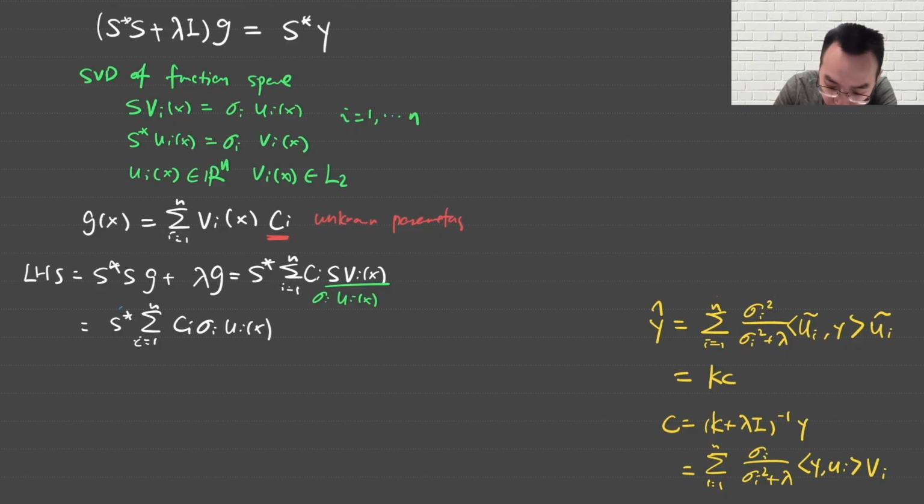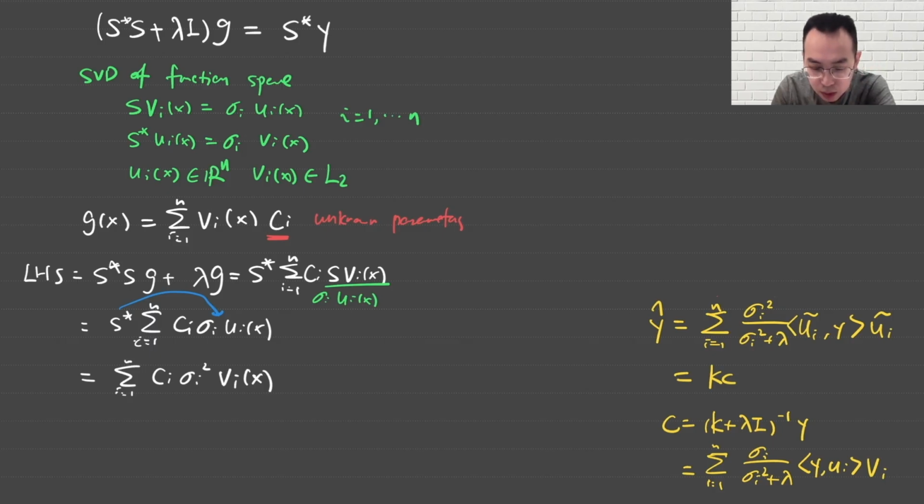Then we can move this inside as well, and that gives us the summation of ci sigma i square and then vi of x. Okay, so that is the left-hand side. Oh, I forgot the lambda g in the end.